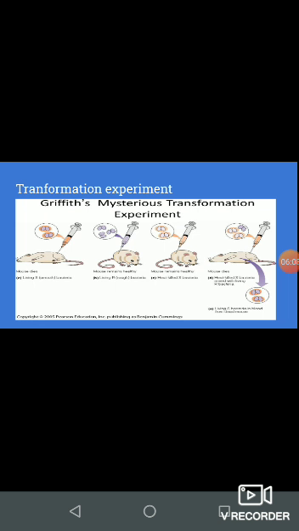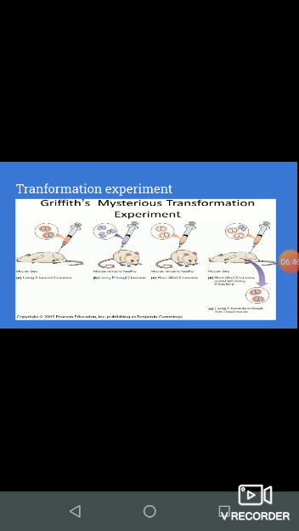But in the fourth mouse, he injected R and heat killed S, and the mouse died and expressed the pneumonia symptoms. He concluded that DNA is the substance responsible for carrying information from one generation to another generation.